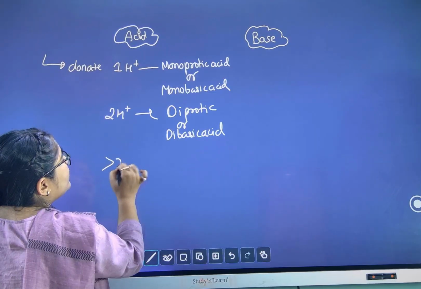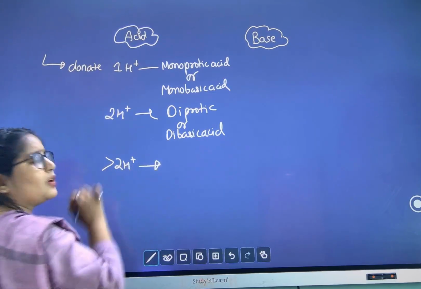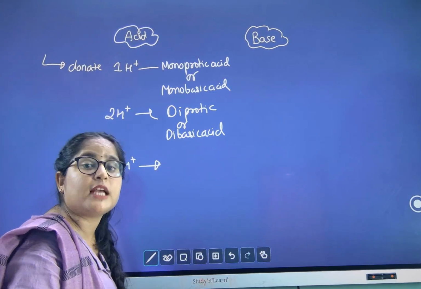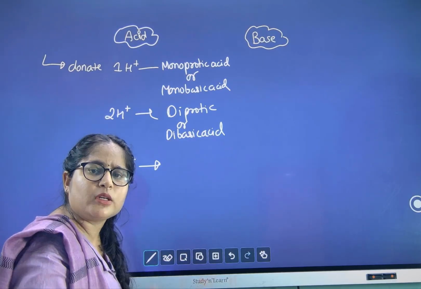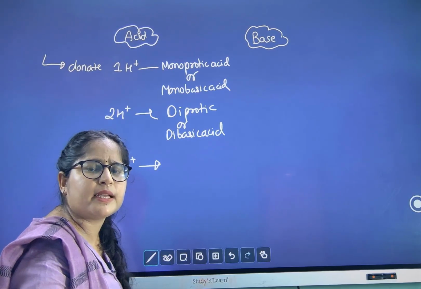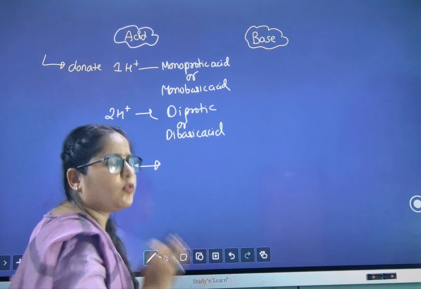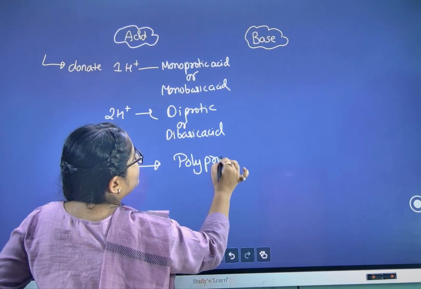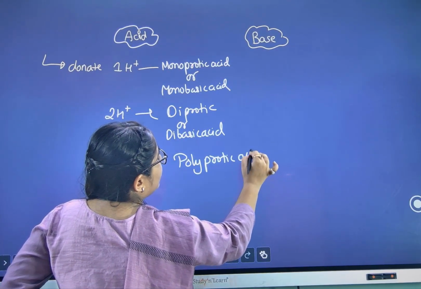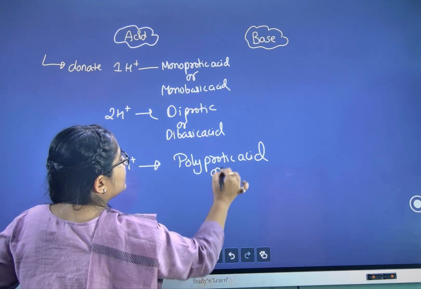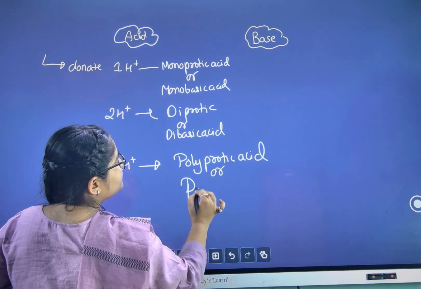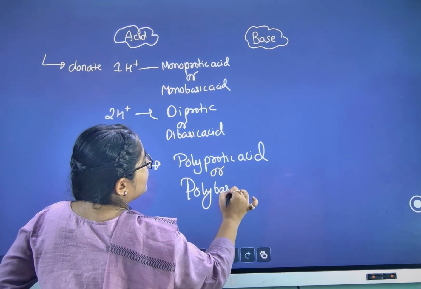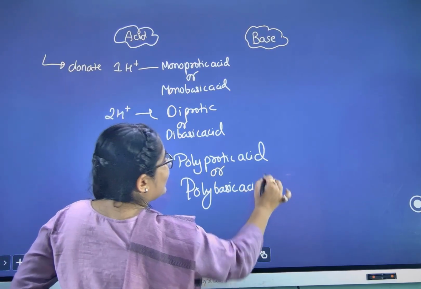If it is more than 2 H+, which means 3 H+, what will I say? Triprotic, or else tribasic acid. So if more than 2, in general, what term will we use? We will say polyprotic acid, or else polybasic acid. Clear?